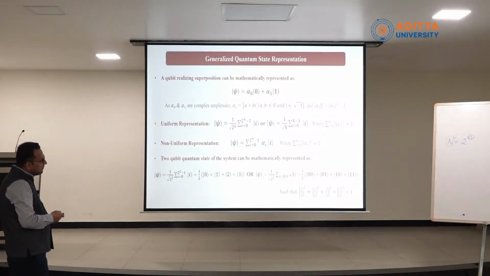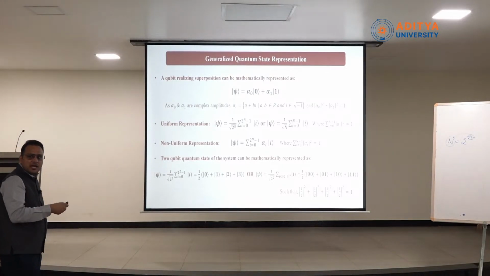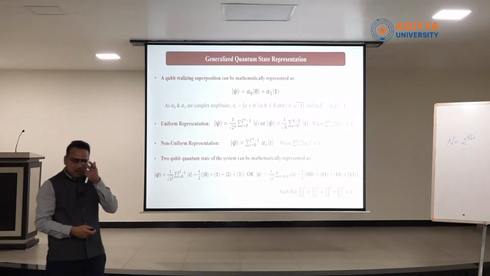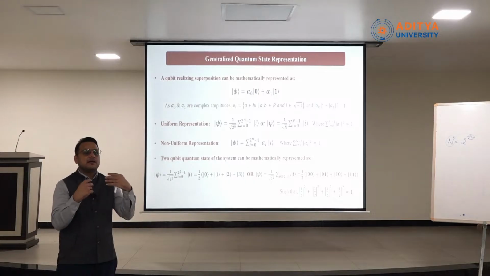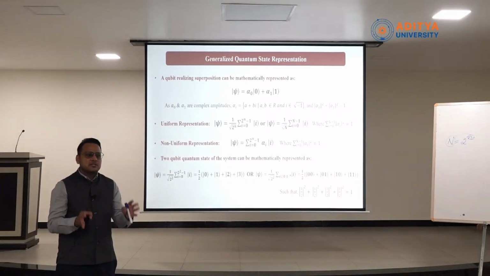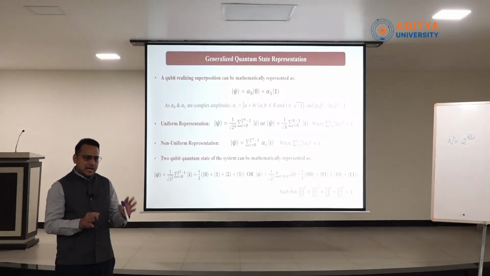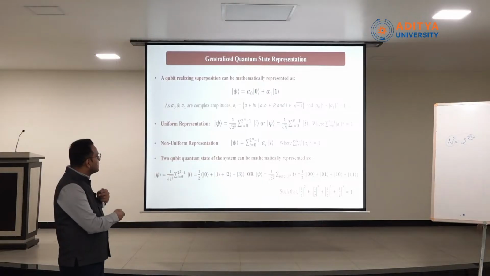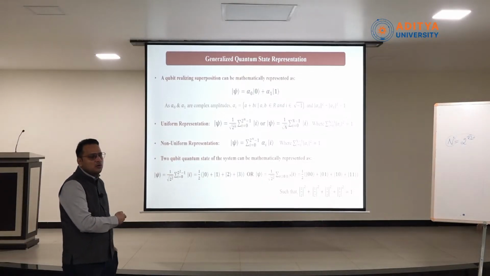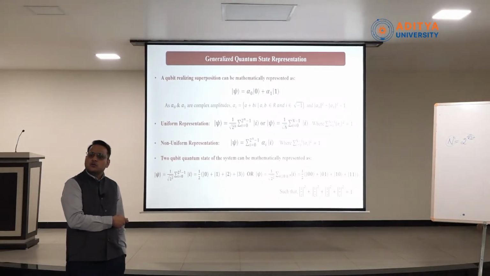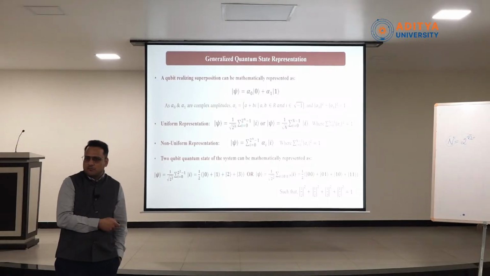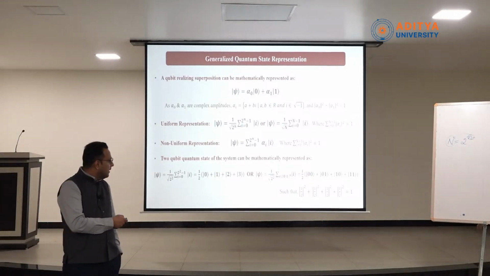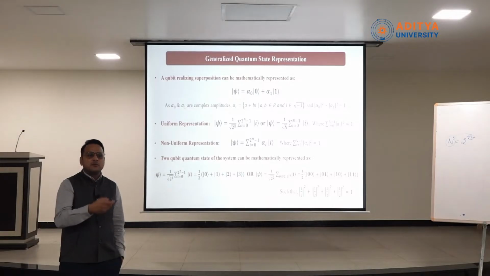So the state is assigned with the amplitude. Clear my point? Every alpha i and its corresponding quantum state i can be different. We know the quantum states i because the summation goes from 0 to 2 raised to the power n minus 1. Understood? We know that. But what corresponding amplitudes you are going to assign, that would be a tricky factor.